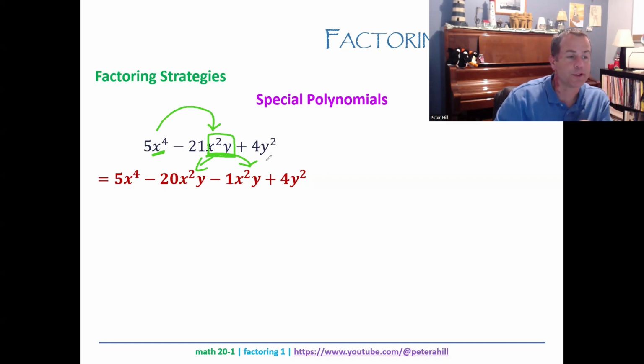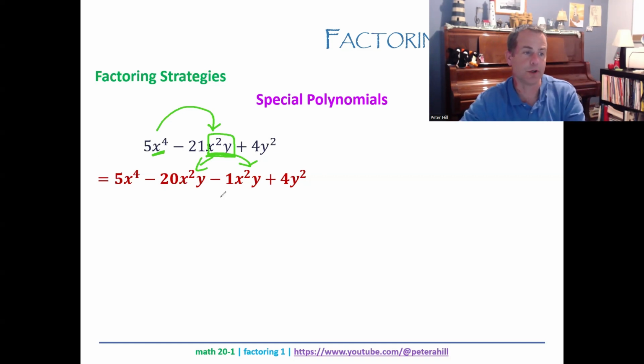Okay, then I'm going to factor the front two, factor the back two. From the front two, I could take out a 5x squared. That would leave me with x squared minus 4y. And then on the back two, I want to take out a -1, and that would also leave me with x squared. Oh, sorry, no, I want to take out a -y, not just a -1. Look, y is common to both, okay?